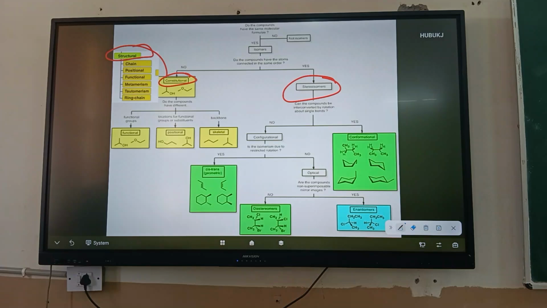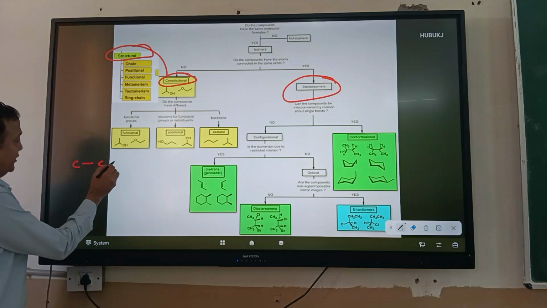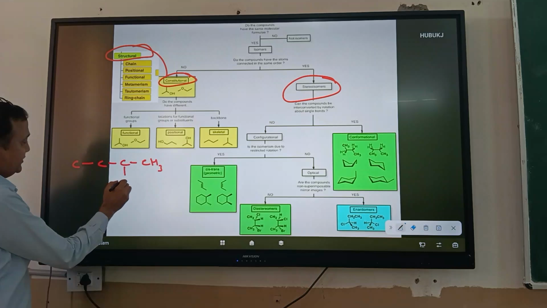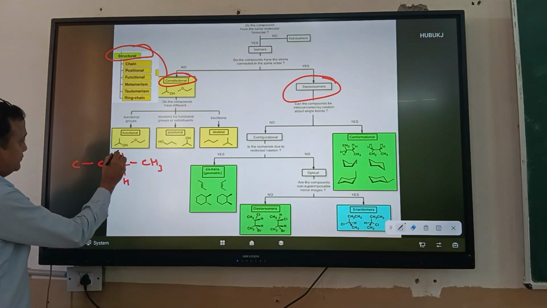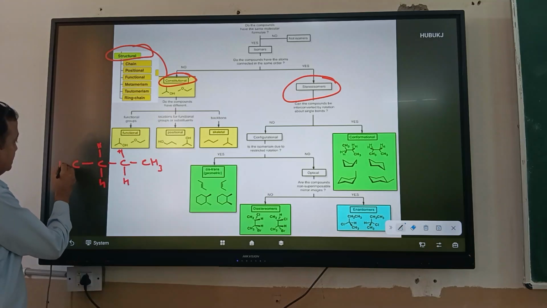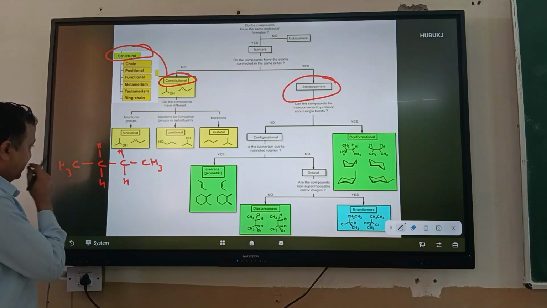So isomer simply means having the same molecular formula but different structure. Let us take an example. Butane has how many carbons? Four carbons. Complete the valency. This is butane.